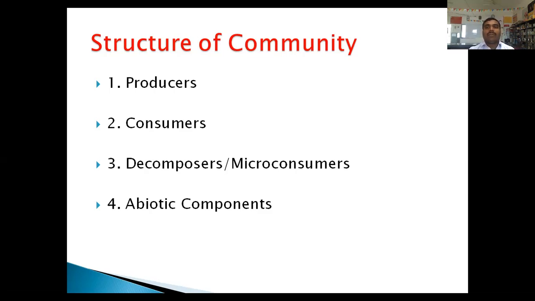Those living members of the ecosystem that utilize sunlight as their energy source and simple inorganic materials like water, carbon dioxide, salts, etc. to produce their own food. Thus, producers are largely photosynthetic plants and their various varieties which are present in the ecosystem.